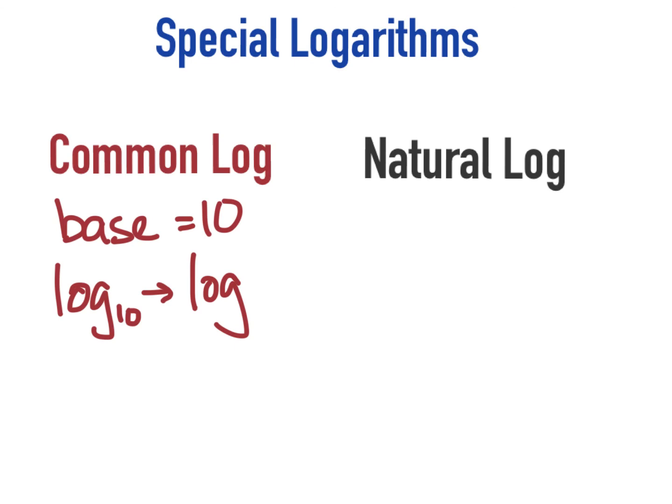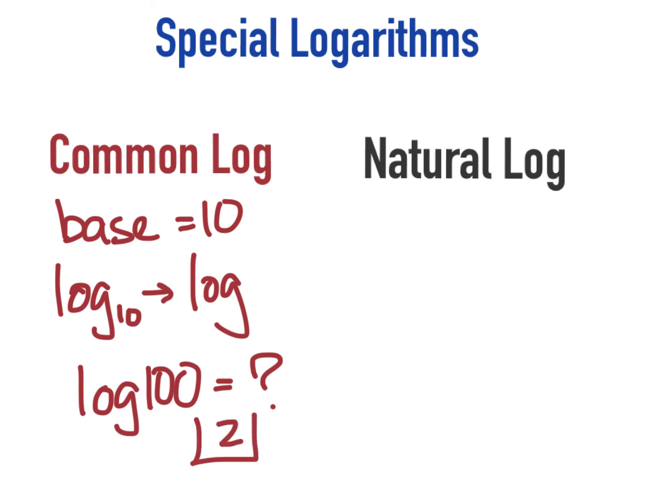If you just see the word log, you assume that its base is 10. So the log of 100 would equal what? We think to ourselves, this must be base 10. 10 to what power equals 100? That's 2. So common logs have a base of 10.